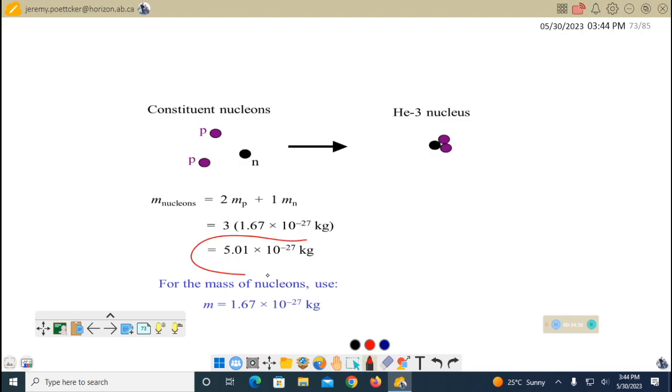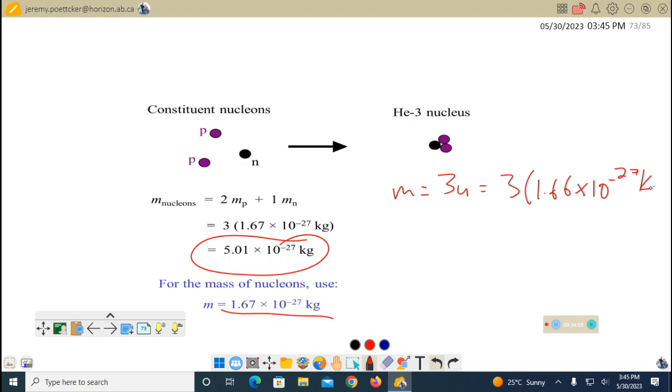When it's the nucleons individually, we use the mass of each of those particles. In the nucleus, the mass is 3 U, which is equal to 3 times 1.66 times 10 to the negative 27 kilograms.